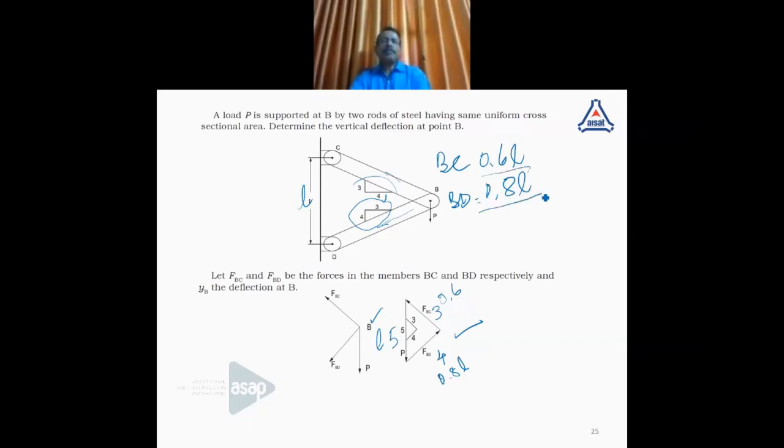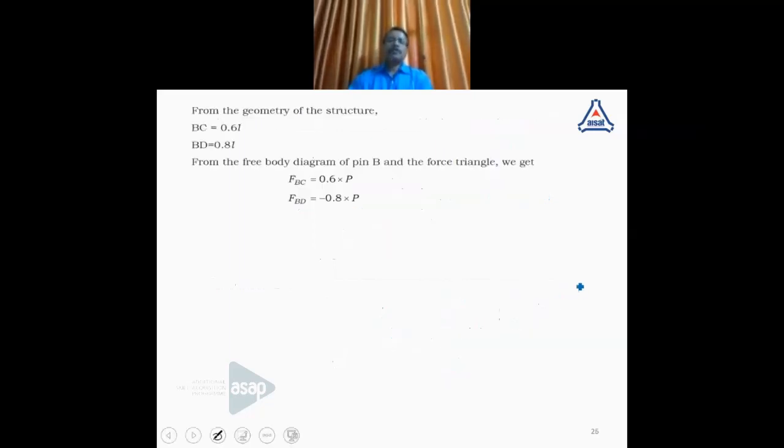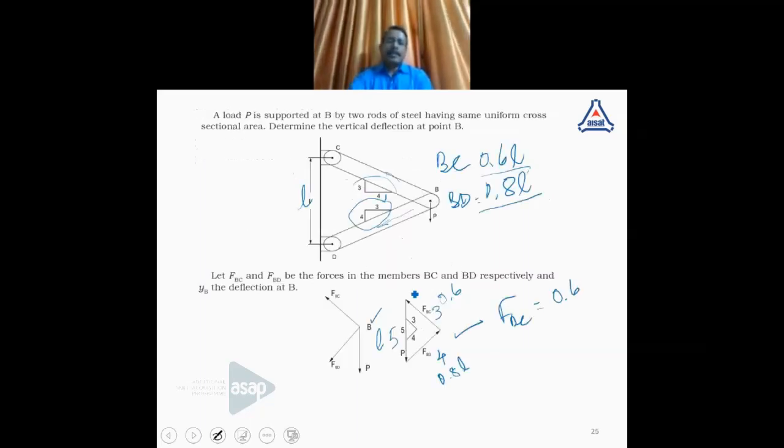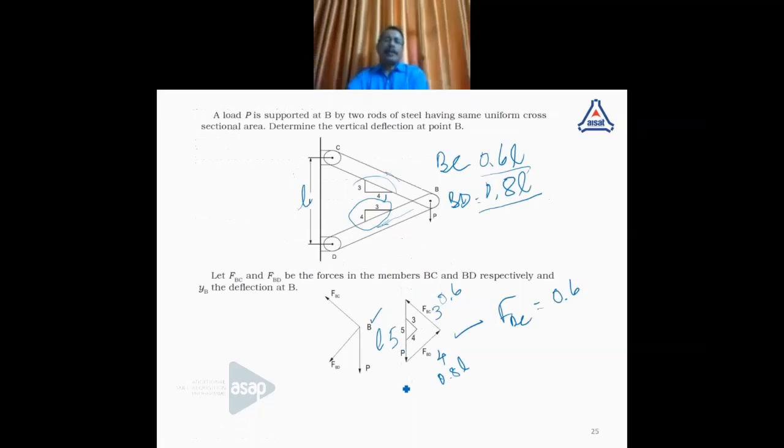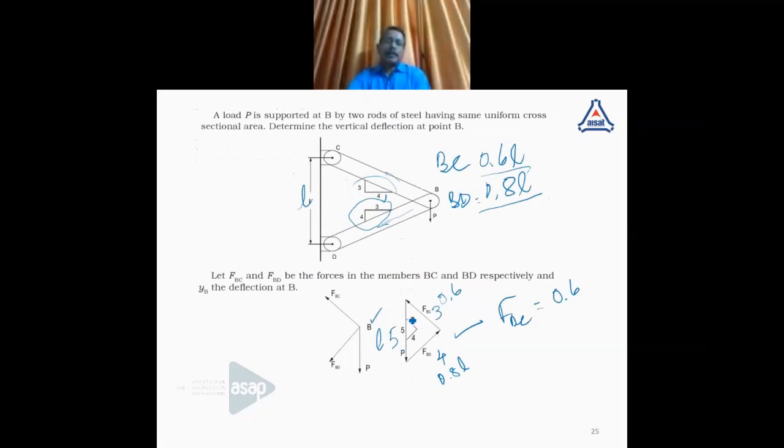Using the same approach, FBC is equal to 0.6 into P, where P is the load applied along the line shown here.